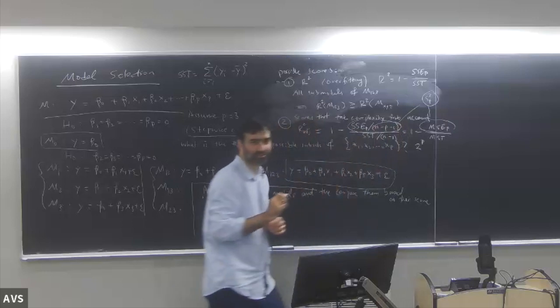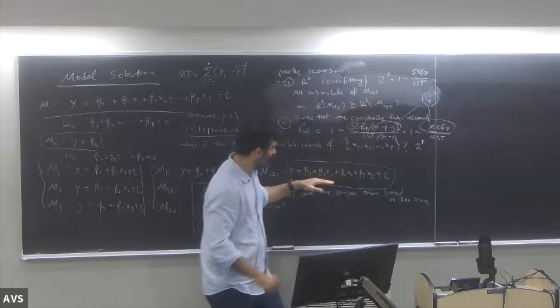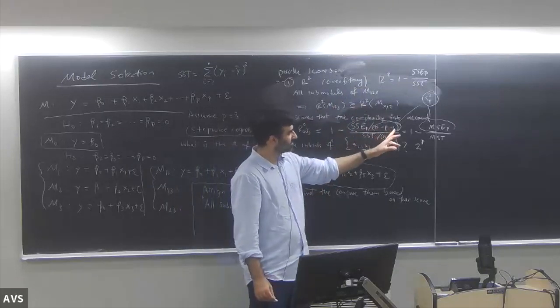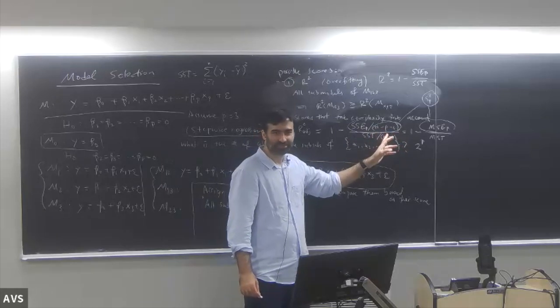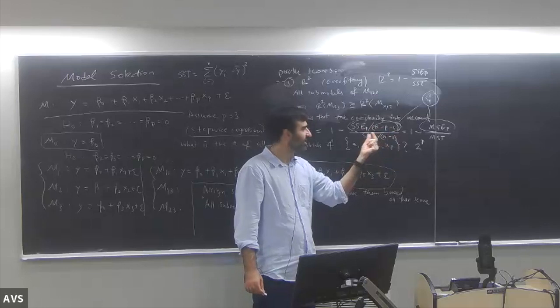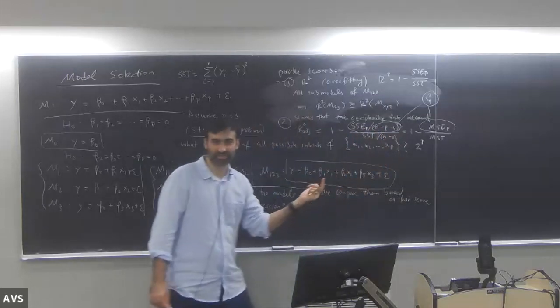The larger model always has the smallest SSE, but MSE takes into account the number of parameters. So you're dividing by the number of parameters. It could be that SSE of this model is smaller, but n minus p minus 1 is also going to be smaller, right? Especially if p is very large and gets close to n, this gets very small. So when you divide SSE by this, it's going to become larger.